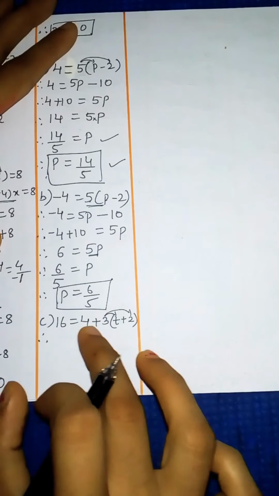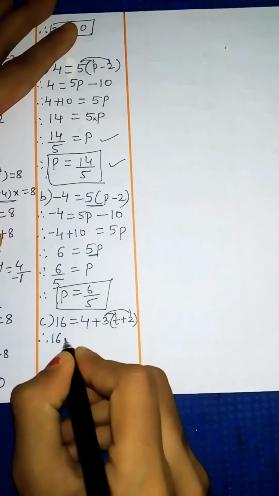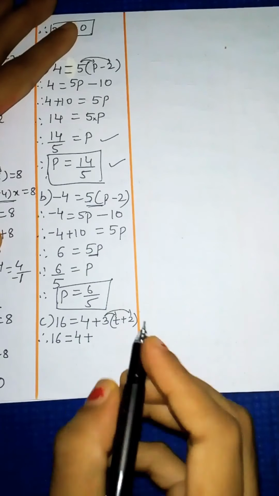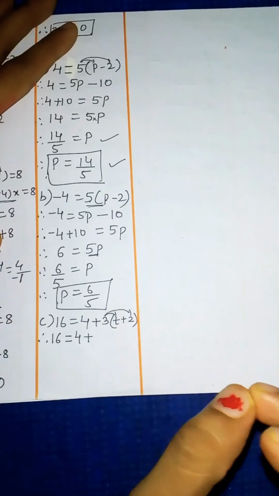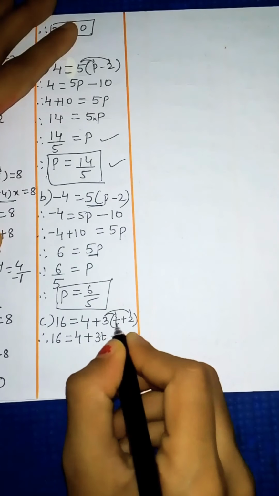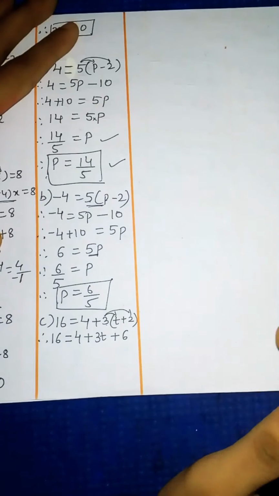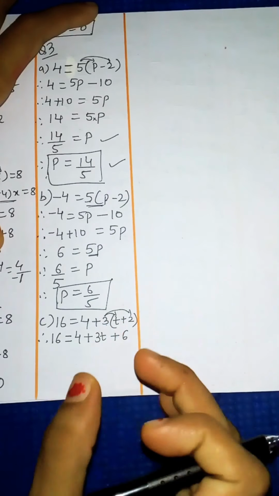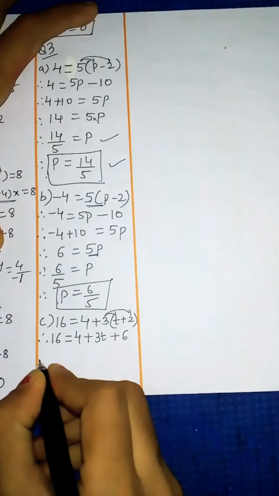No change in these parts. So 16 same, equal to same, 4 will be same, plus. Now 3 we will multiply inside the bracket. So 3 into t will give you 3t, plus 3 2s will give you 6. Okay, so this was our first step. We have to multiply this, and this part we have to keep the same as it is.